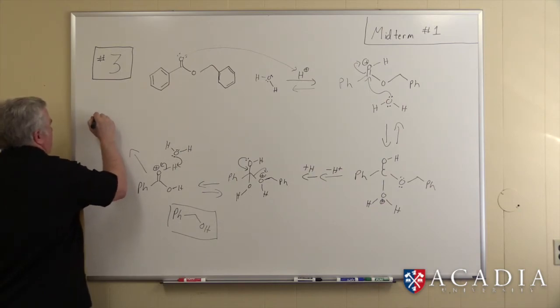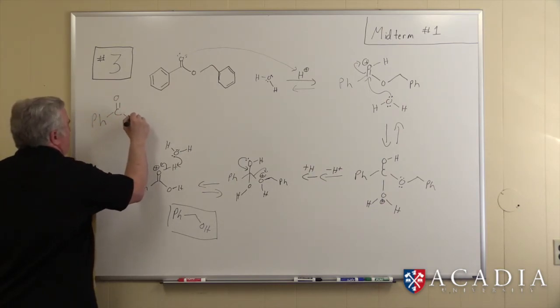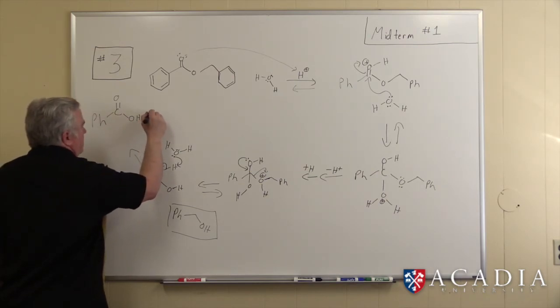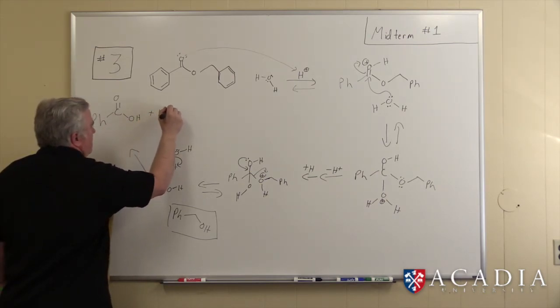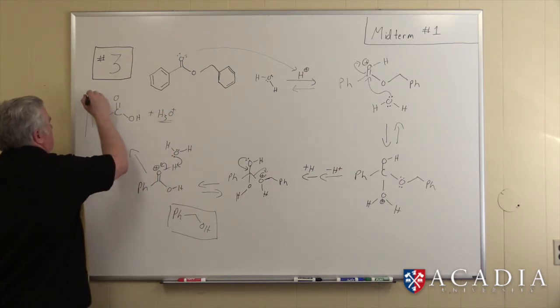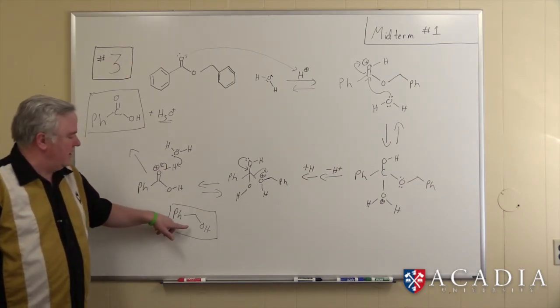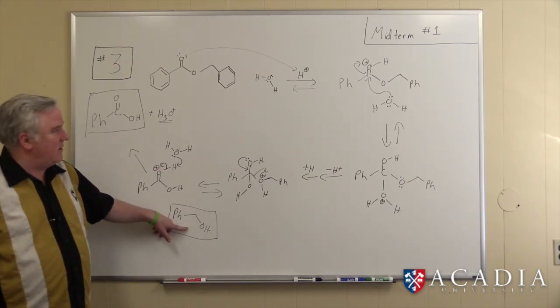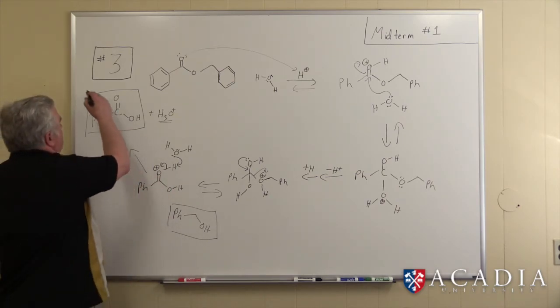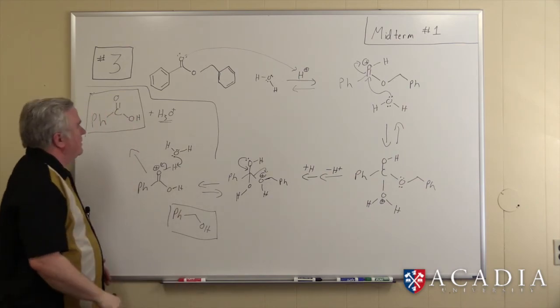And that gives us our carboxylic acid product, regenerates our catalyst. So we have carboxylic acid as one product and the benzyl alcohol as the other. There we go.